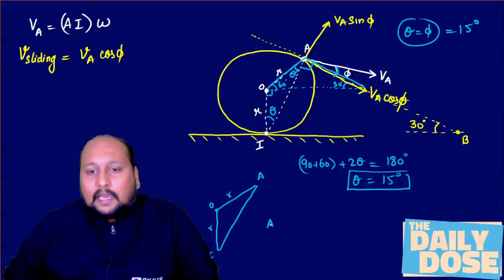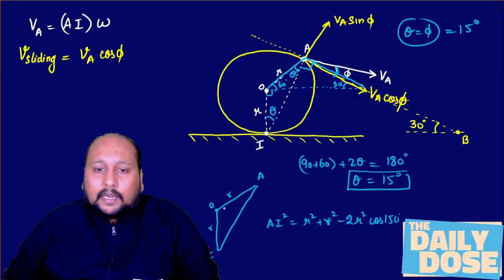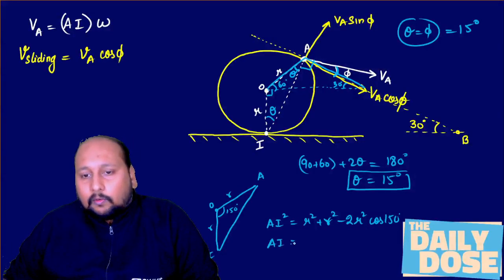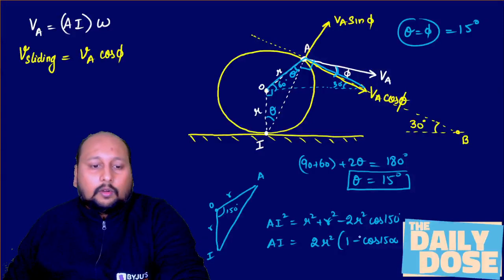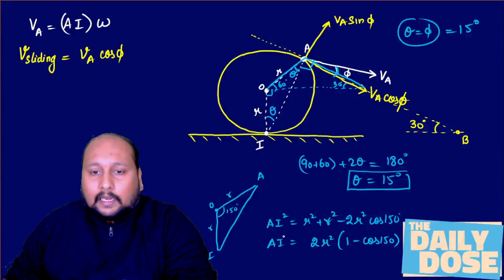So I can say AI square is equal to R square plus R square minus 2R square into cos of 150 degrees, because this complete angle will be 60 plus 90, that is 150. So from here I can get the value of AI.